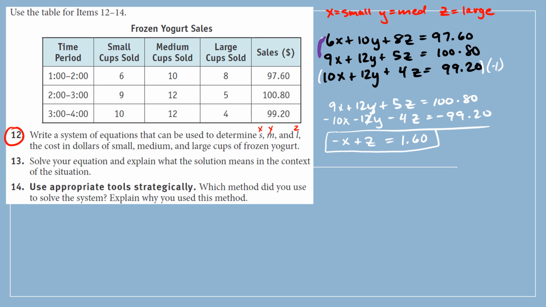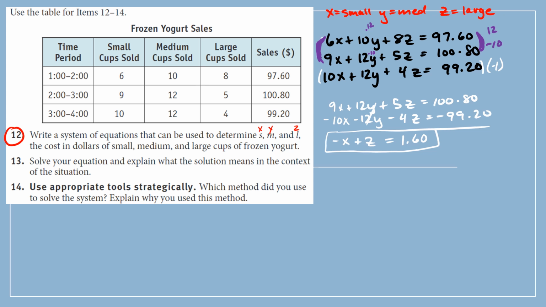So the easiest thing for me to do, if I multiplied this top one by 12 and this bottom one by 10, can you see how they'd both be 120? But remember, 120 doesn't cancel out. One of them has to be negative. So I'm going to multiply the top by 12 and the bottom by -10, so that I can change the signs on the bottom one.